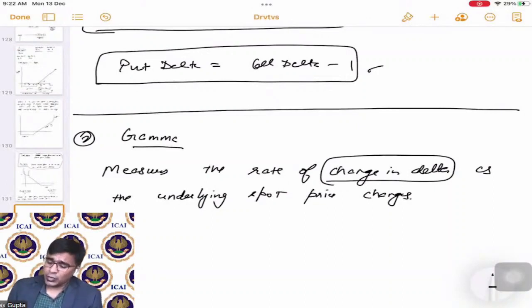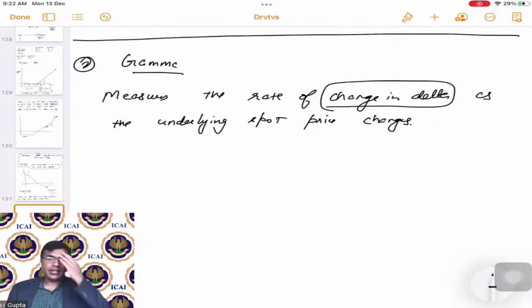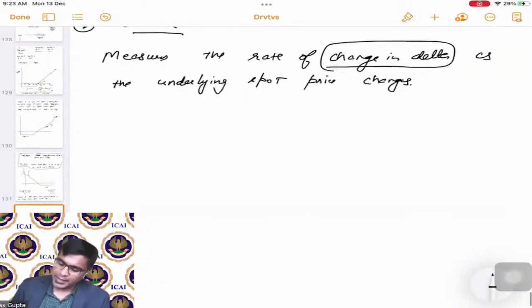Now, students, please note that the delta measures the change in the value of a call or value of a put option in relation to the change in the spot price. But gamma measures the rate of change in delta itself. That is the delta of delta, basically. So gamma is delta of delta, simple. It measures the change in delta for a change in the price.